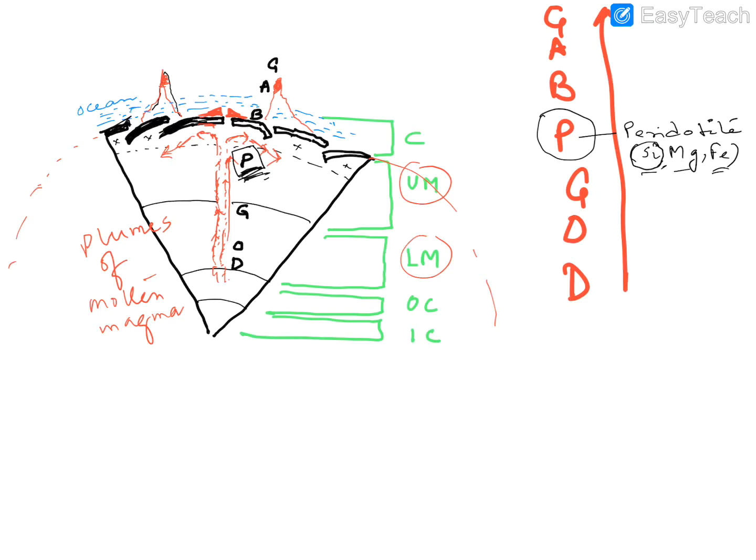So whenever something melts, let's say this G melts, G is gabbro, it's the name of a rock. If this melts, the other minerals will stay here, the silica portion will go up. Suppose this is P, peridotite, and G is gabbro. Peridotite is made up of silicon, magnesium and iron. When this melts, the silica portion will go up because it is lighter. Magnesium and iron will stay.